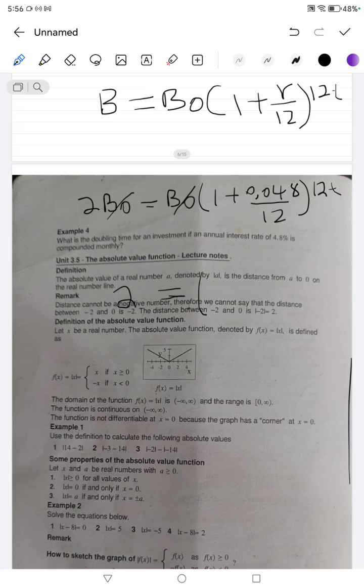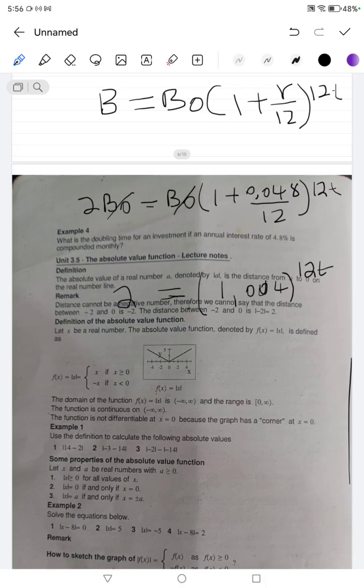So how much? 1.004. That's 1.004 to the exponent of 12t. Then we have 12t.